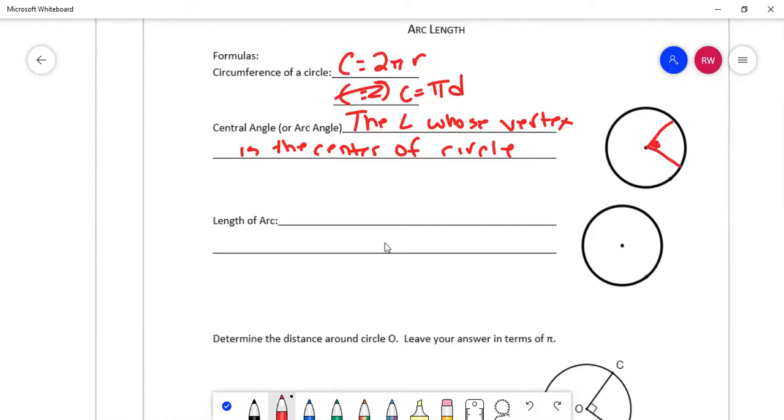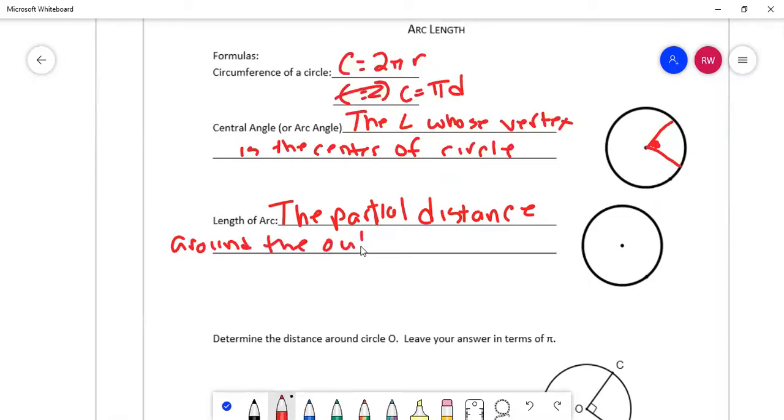You know that already. Now, the length of an arc is what we're going to deal with today. Arc length, the length of the arc, is the partial distance around the outside of a circle between 2 radii.